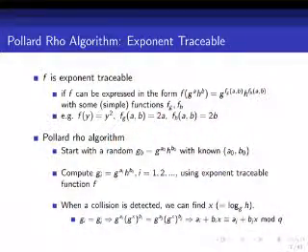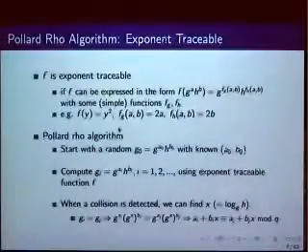To be useful in discrete logarithm, the function f should be exponent traceable as well as random. That means f can be expressed in the form like this: when you are given an input of g^a times h^b, where h is the target element, then we should be able to know the exponent here.